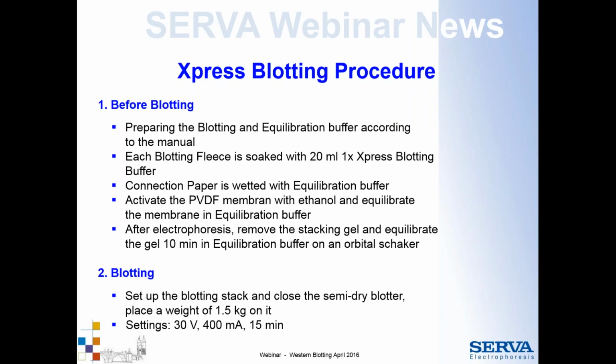Then you close the blotter and place a weight of approximately 1.5 kilogram on it, and the settings for fast blotting or for express blotting are 30 volt, 400 milliamps, and 15 minutes.